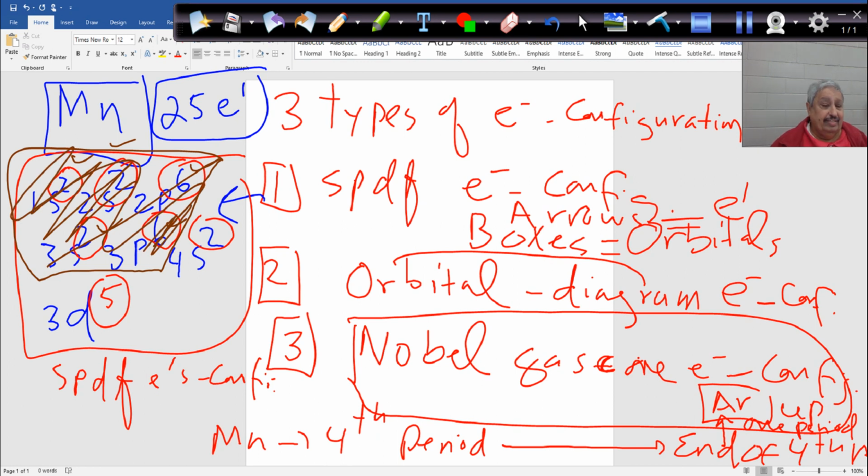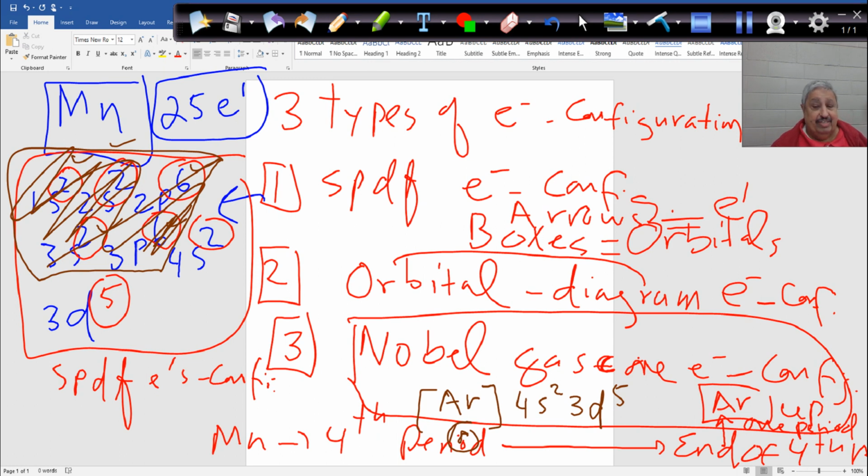I will write the noble gas, argon. This is 18. What is left is 4s2, 3d5. This is the noble gas core, because this is 18 here. You don't have to write 18, but that's for yourself to count the number of electrons. 4s2 3d5, that's a noble gas configuration.